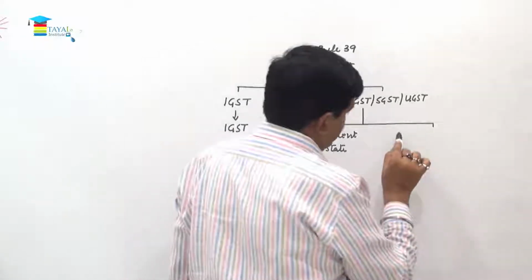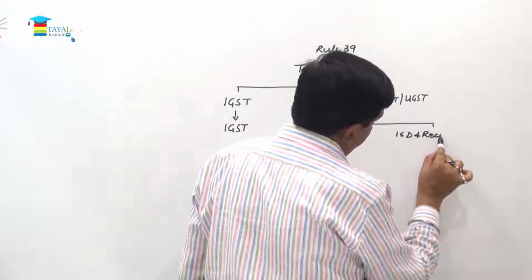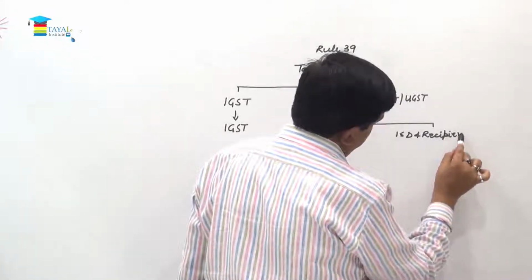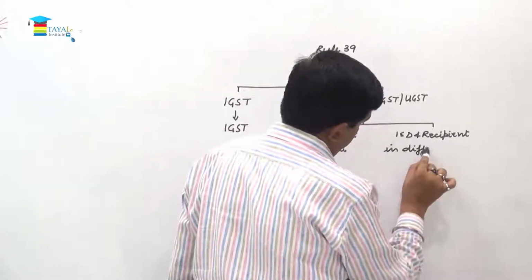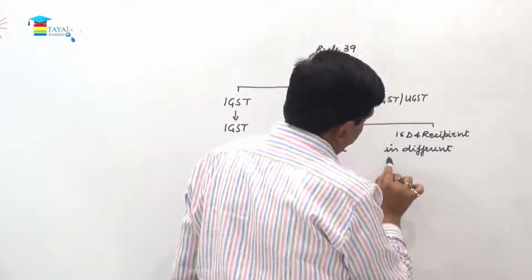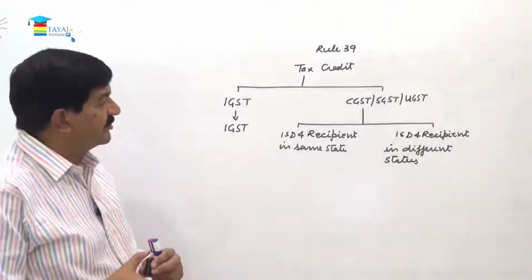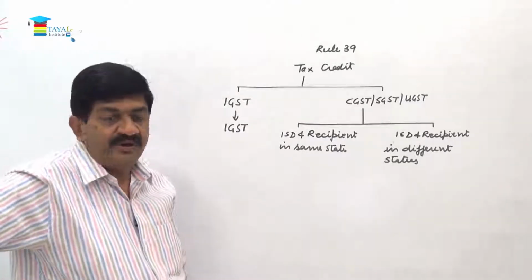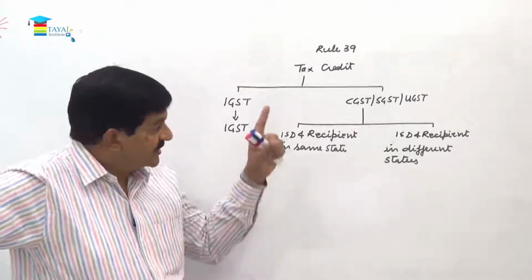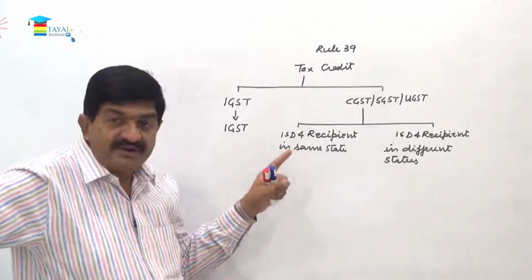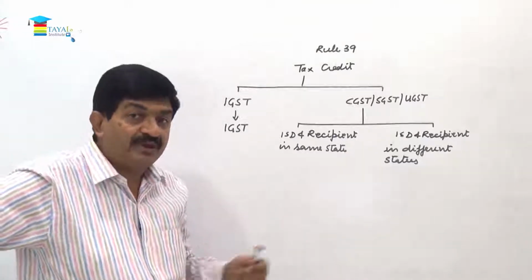And here ISD and recipient in different states. So the question is, if the credit of central tax, state tax, union territory tax is available, then how that should be distributed. So the answer will be based on whether the recipient is in the same state in which the input service distributor is, or he happens to be in another state.